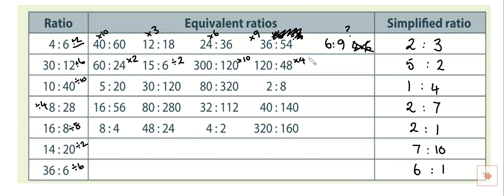Well, does anyone have what they think is a method for finding the equivalent? Take one of the ratios and we try and simplify it. Well, that is a simplified one and equivalent ratio.